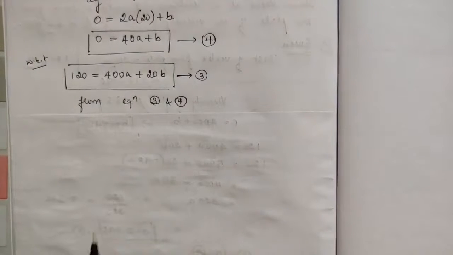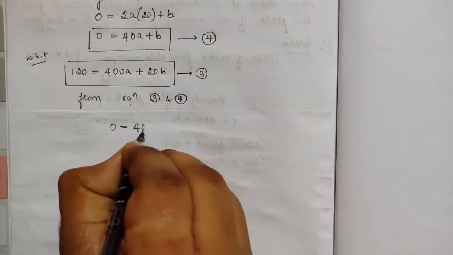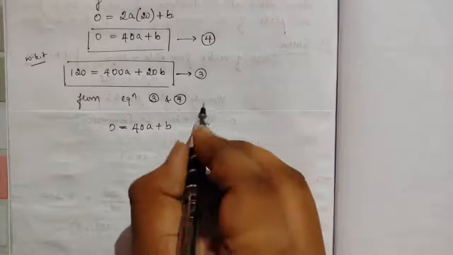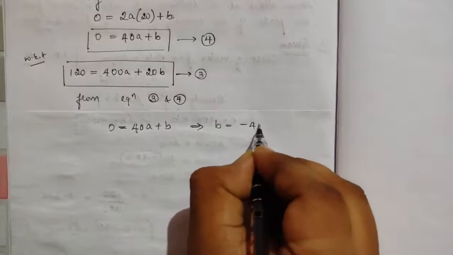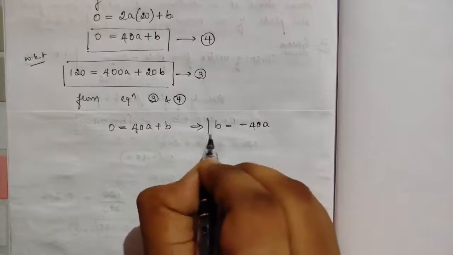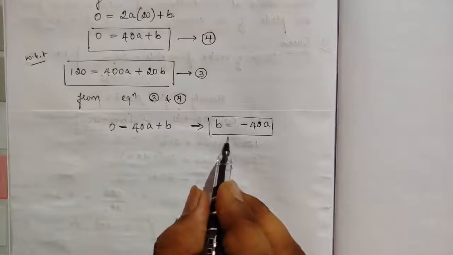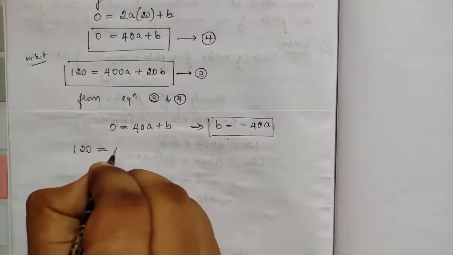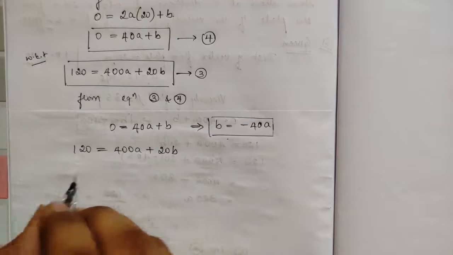Okay, wait. Now, 0 is equal to 40a plus b. So from this I can convert this b in terms of a, right? So b is equal to minus 40a. Correct? Now, this I'll substitute in equation number 3. That is 120 is equal to 400a plus 20b.